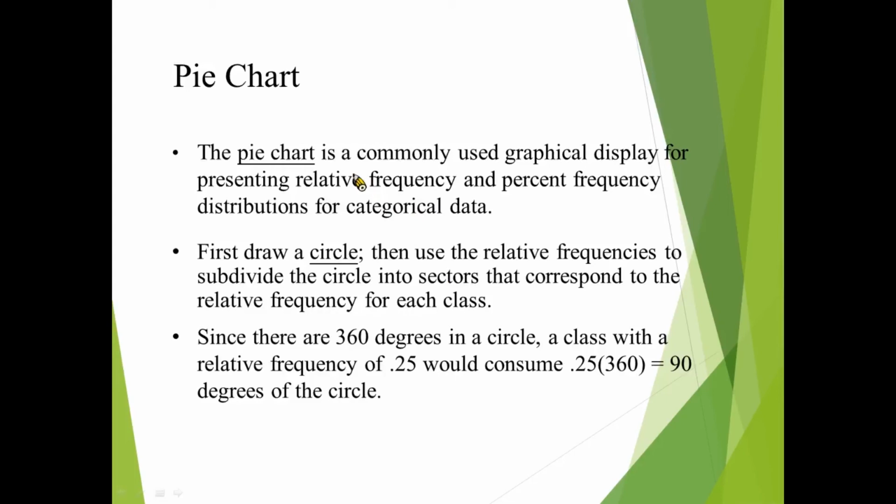The pie chart is a commonly used graphical display for relative frequency and percent frequency distributions for categorical data. First draw a circle, then use the relative frequency to subdivide the circle into sectors that correspond to the relative frequency for each class. Since there are 360 degrees in a circle, a relative frequency of 0.25 is like 90 degrees of the circle.